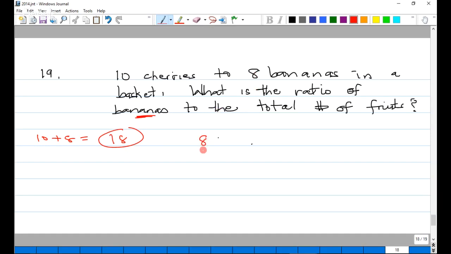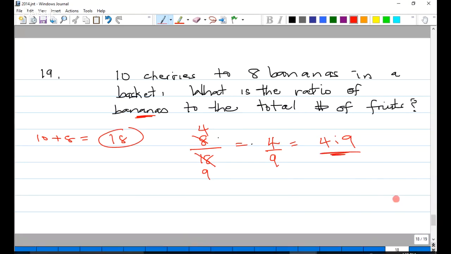So this would be 8/18 as a fraction. So we can reduce this. 2 into 8 would go 4 times, and 2 into 18 would go 9 times. So we end up with 4/9. We can change this fraction to a ratio by calling it 4:9. And that's our answer. Last one.